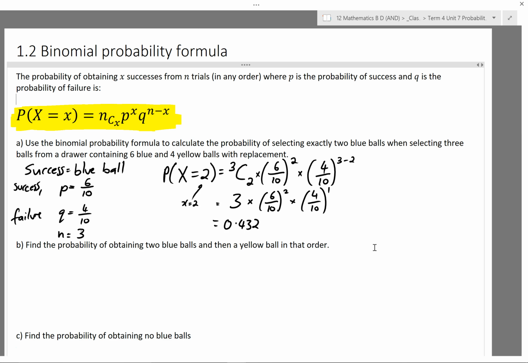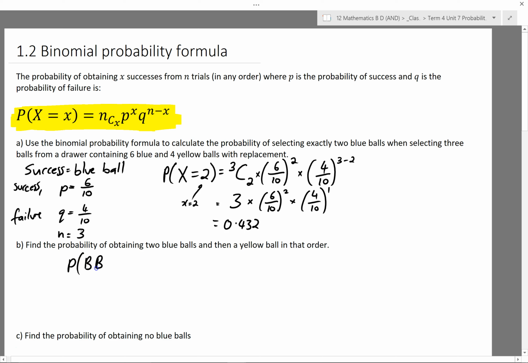We use it when we don't care about what order they come. If I have a question that says find the probability of obtaining 2 blue balls and then a yellow ball in that order, so an order is specified, I can't use that formula. If I wanted to do this problem, probability of blue, then yellow, I would just have to multiply those probabilities together to just get that one outcome.